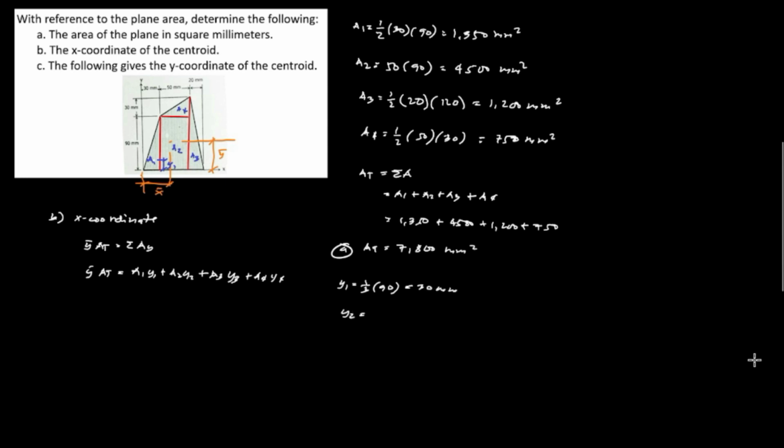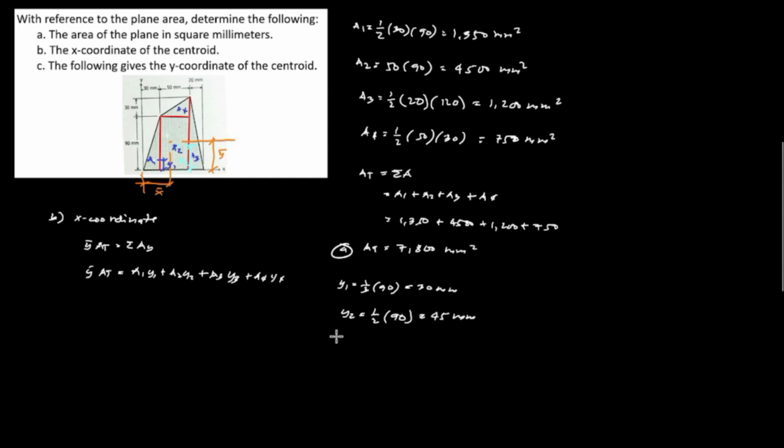Next, y sub 2. Y sub 2 is for a rectangle, and we will designate this centroid as y sub 2. The centroid of a rectangle in terms of the height is 1/2 of the height, which is 1/2 times 90 millimeter, and it's equivalent to 45 millimeter.